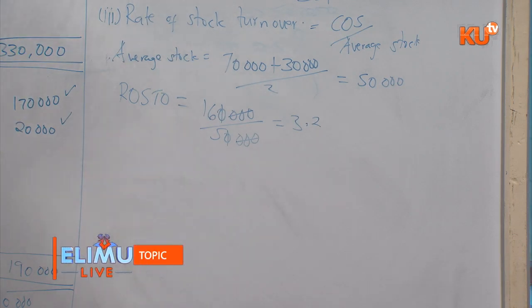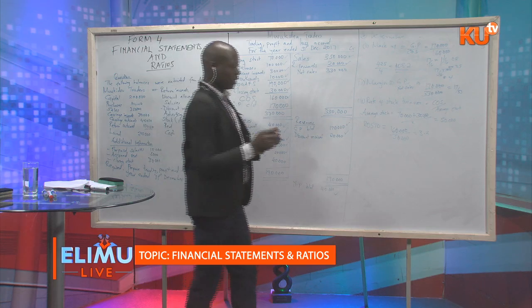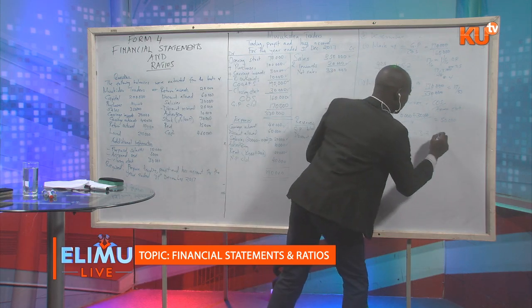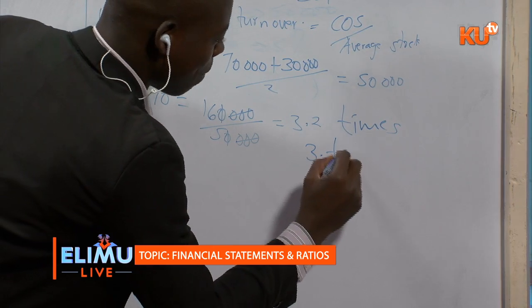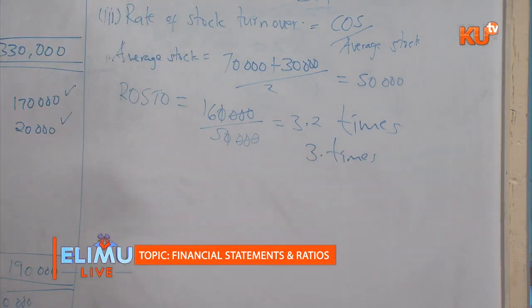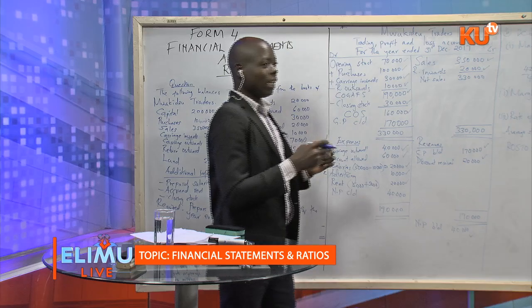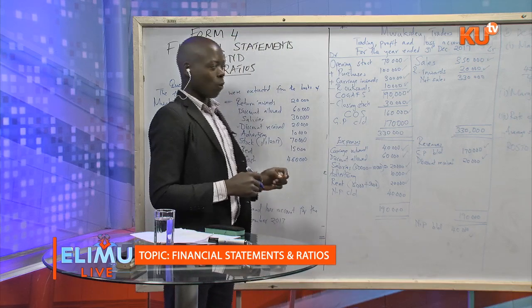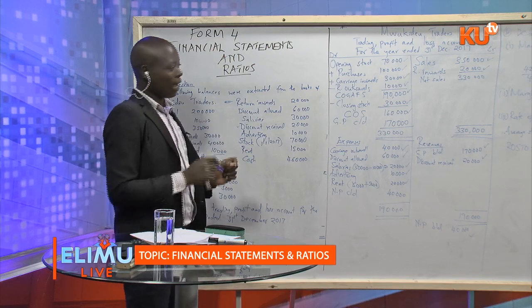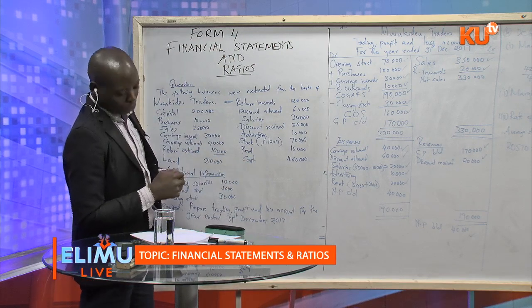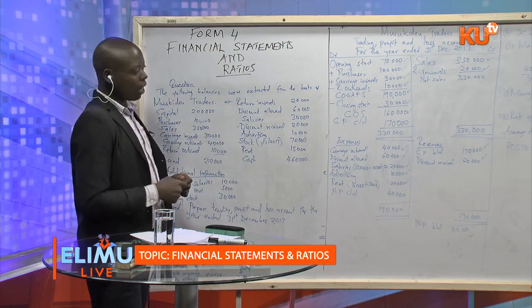Now the figure for rate of stock turnover is given in terms of times. So we say 3.2 times, or simply round off to 3 times, meaning that the stock was exchanged 3 times within that period. We've exchanged our stock 3 times within 1 year. That is what we call the rate of stock turnover.